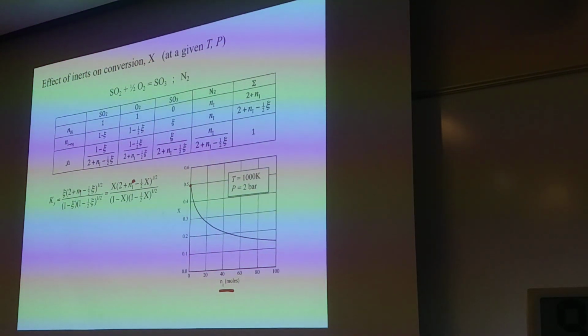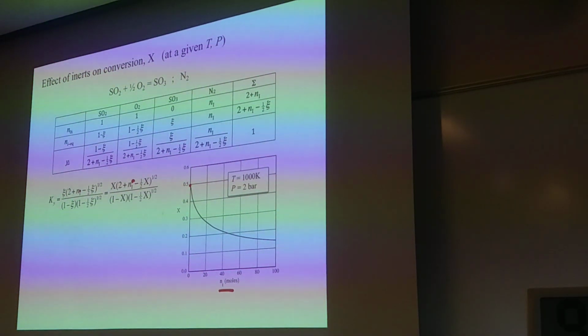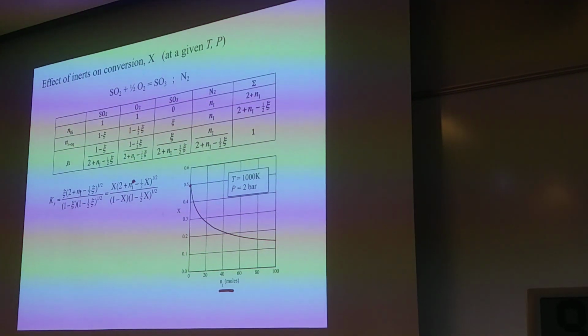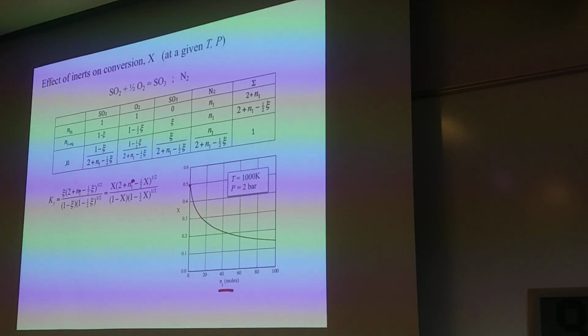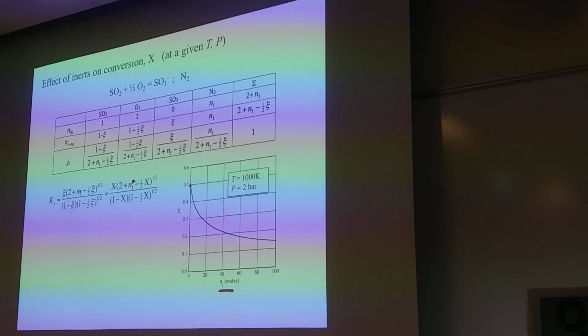But as more and more inerts are present in the system, not surprisingly, the amount of equilibrium conversion goes down, which may or may not be what you might want to happen. But if you want to maximize conversion, then you want to have no inerts present and the reactants in stoichiometric proportions.